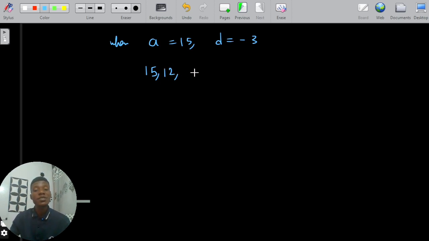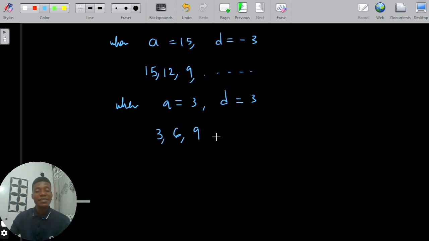The next term will be 12 minus 3, which is 9, and so on. Then when the first term is 3, our common difference is 3, which means the sequence will be 3, then 6, then 9, and so on. So this gives us the two possible sequences that will be generated from the given question.